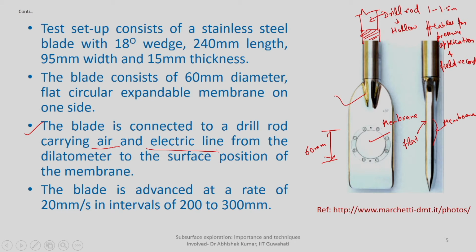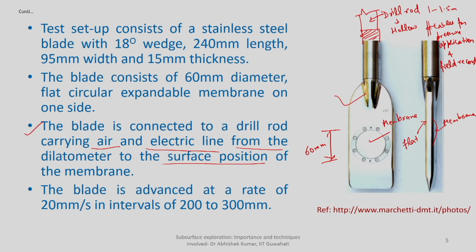There will be a line for application of air pressure from the surface to the membrane of the dilatometer. This dilatometer will be at the depth of interest, where you want to find the subsoil properties and even identify the soil, and it is connected to the surface assembly through which you apply different pressures and measure the pressures at different instances.